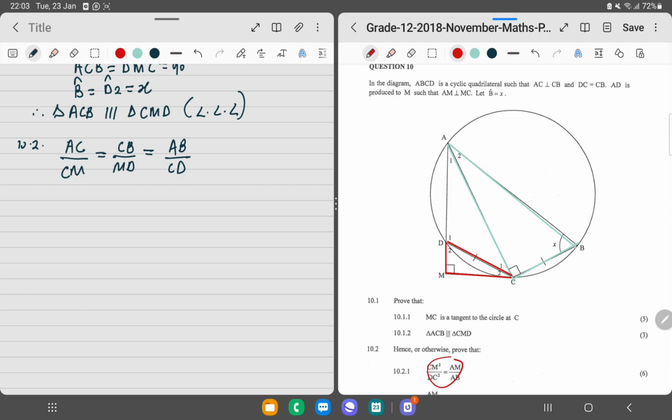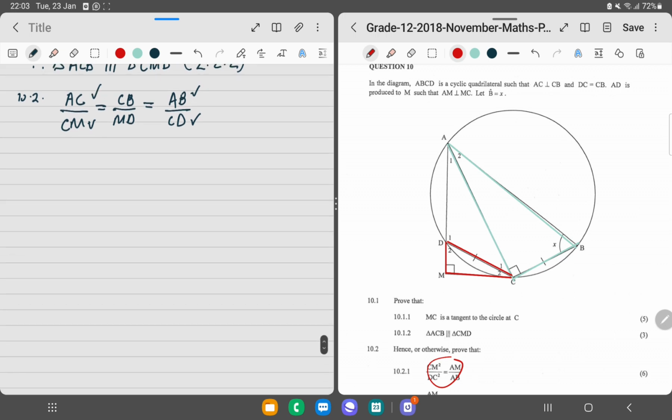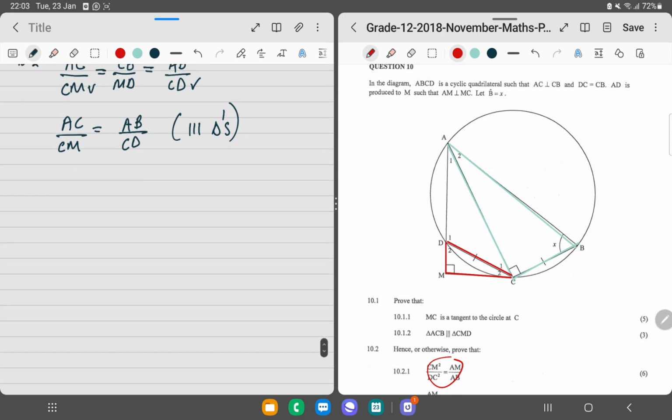So here I have CM and I also have DC, and then I have AB. Okay, so at least I need to have at least 3. So this is AC over CM, which is equal to AB over CD, and this is because of similar triangles.